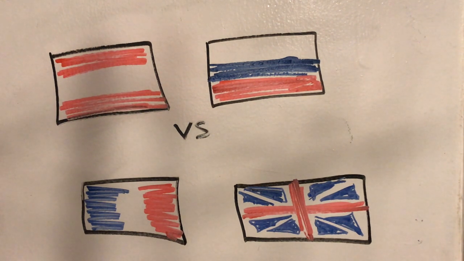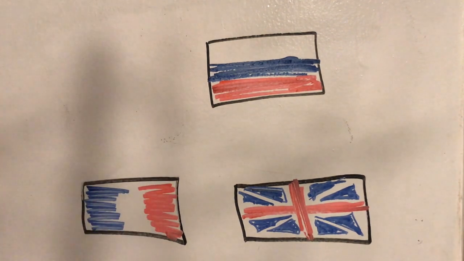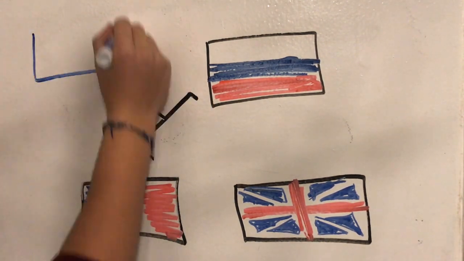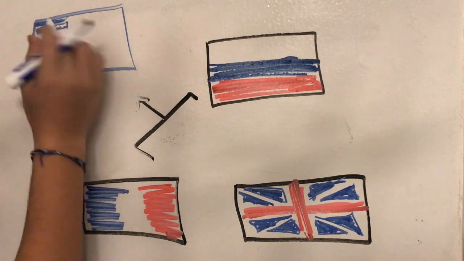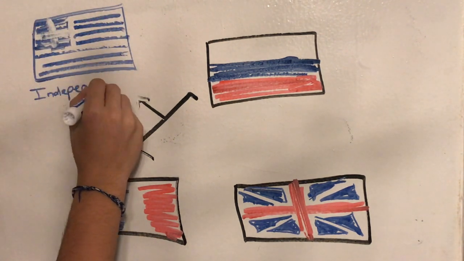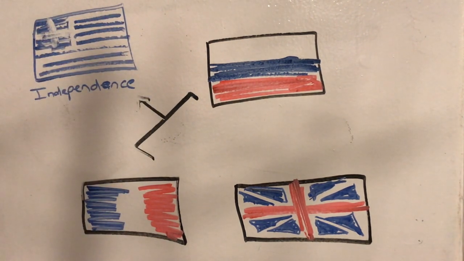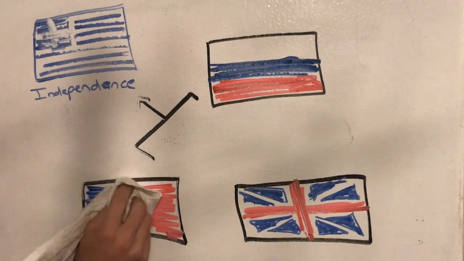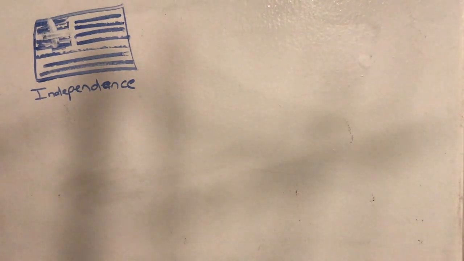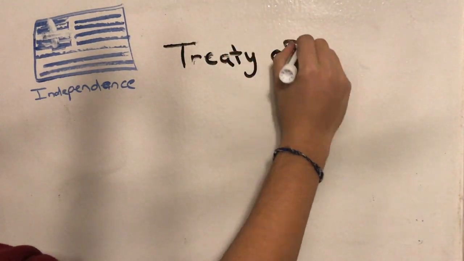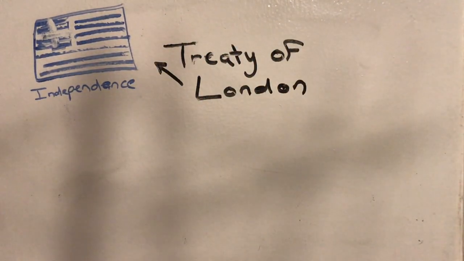So finally, Great Britain, France, and Russia get together and decide that an independent Greece would benefit their strategic interests without threatening their own domestic security. As a result of this decision, they issue the First Treaty of London, and this treaty demands Turkish recognition of Greek independence.